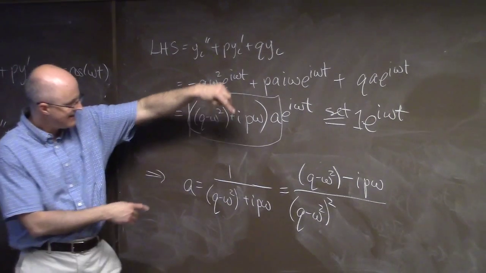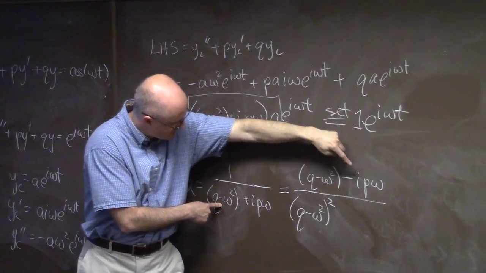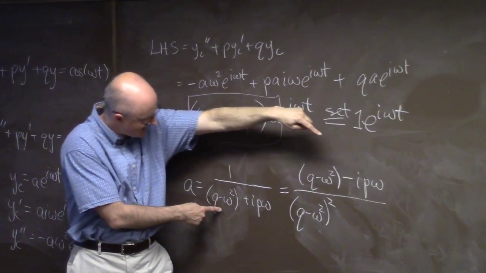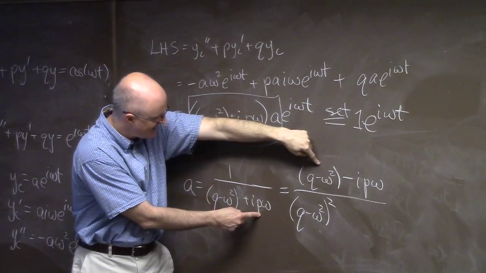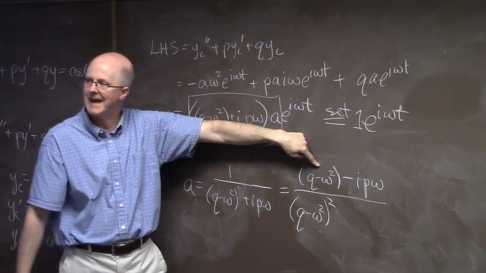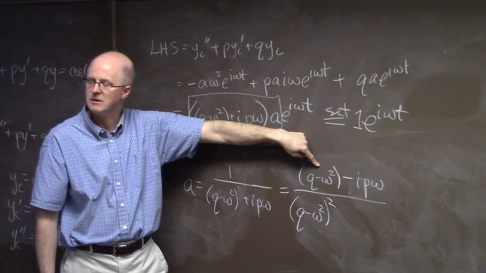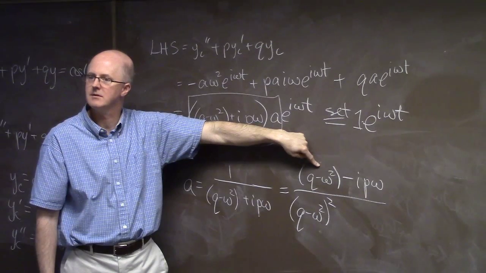Outside times outside gives you negative i p omega times that. Inside times inside gives you positive i p omega times that. And those end up canceling. When you multiply a complex number times its complex conjugate, you get a real number.